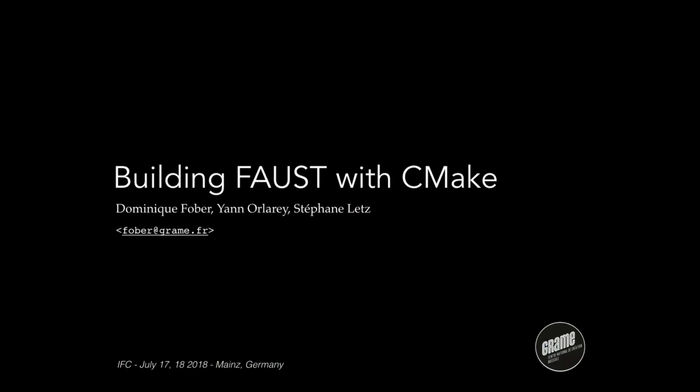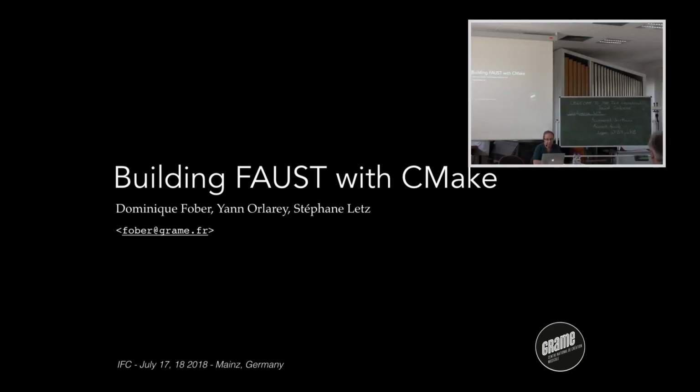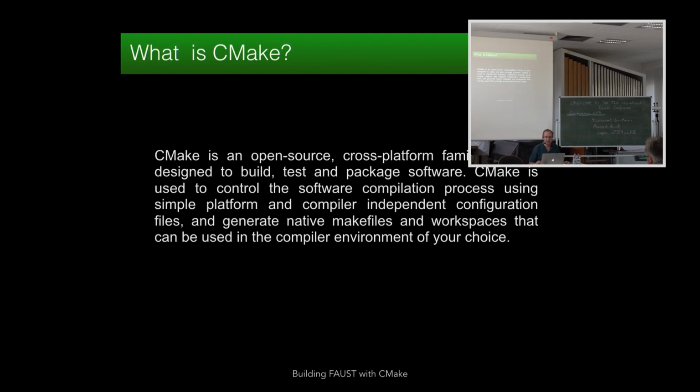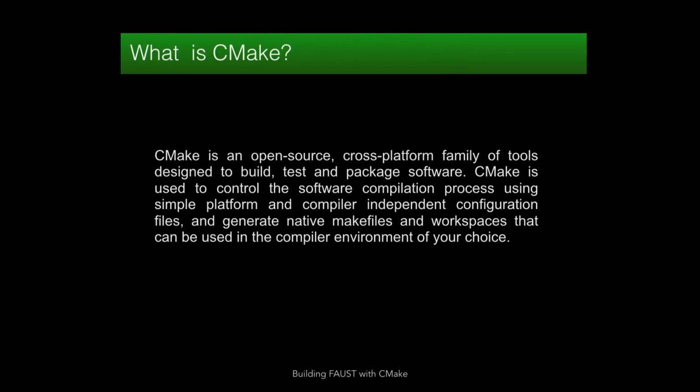Well, my name is Dominique Fober, and I will talk about building Faust with Cmake. I hope everybody has a little knowledge of what Cmake is anyway. I will explain first what is Cmake. Cmake is an open source cross-platform family of tools designed to build, test and package software.